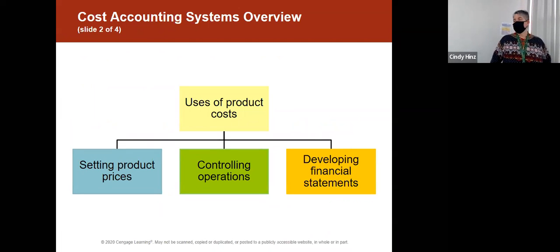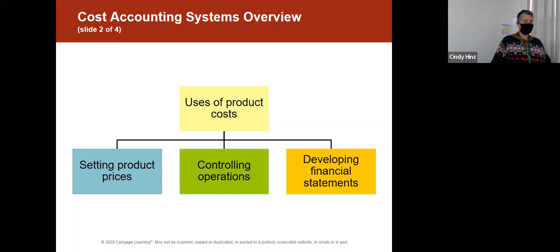So why do we need to know about our product cost in the first place? Well, as you can imagine, this is managerial accounting, so we're talking about internal operations and making decisions about how best to run our company. In order to know how much to charge our customers, we need to know how much it's costing us to produce the product in the first place.